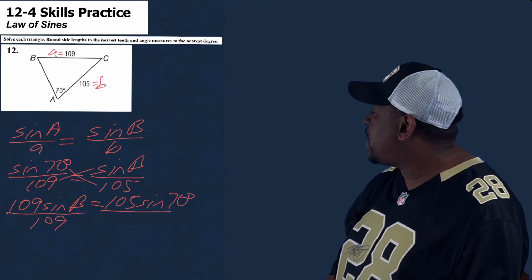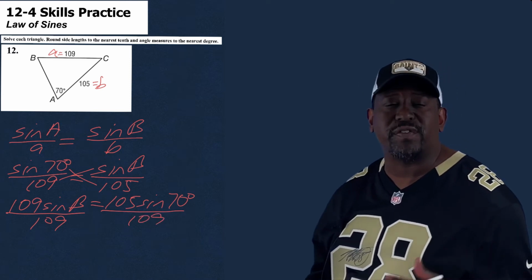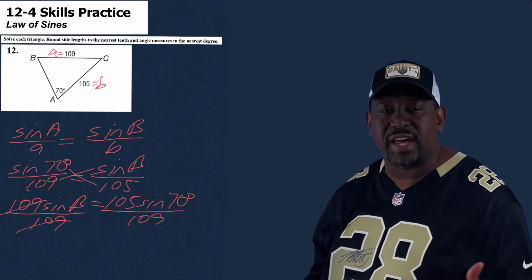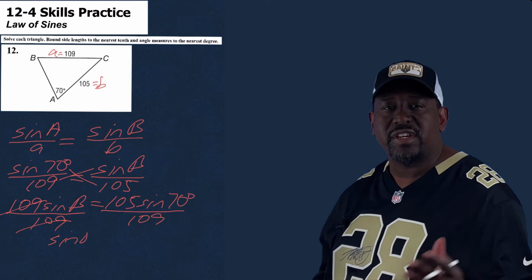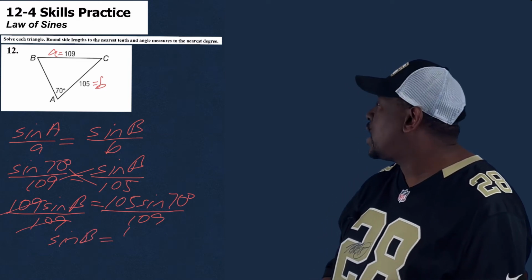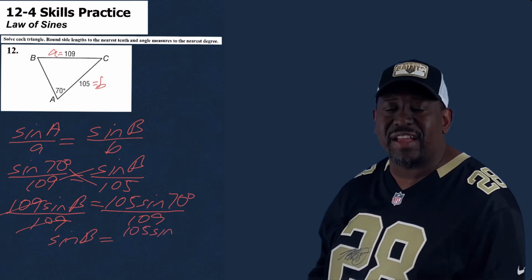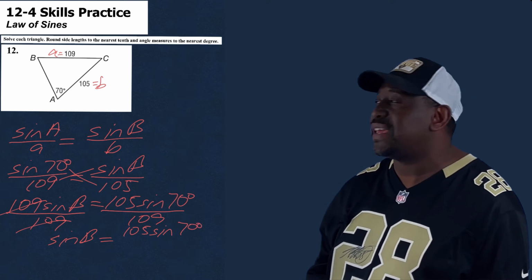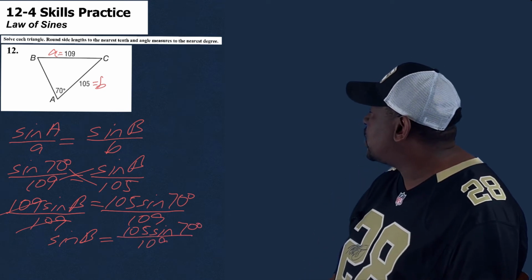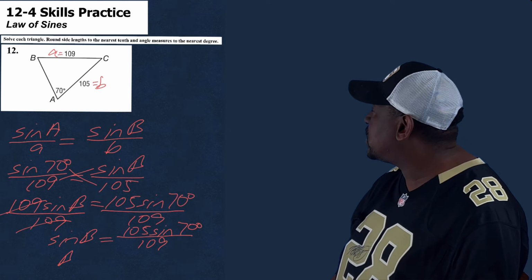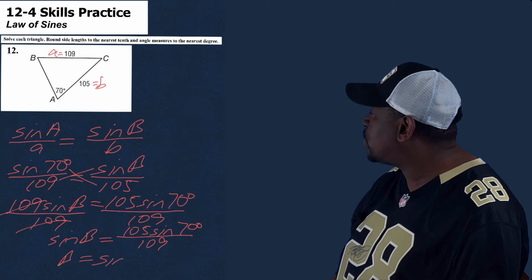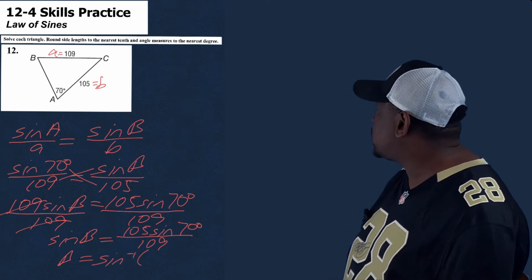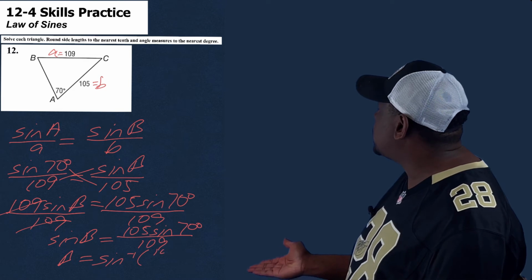That's our first step. Now, since we're solving for the angle, as we learned in an earlier video I went through on trig functions, to get angle B, we have to take the inverse sine of 105 times sine of 70 degrees divided by 109. And that's what you're about to see here at the bottom of the screen.